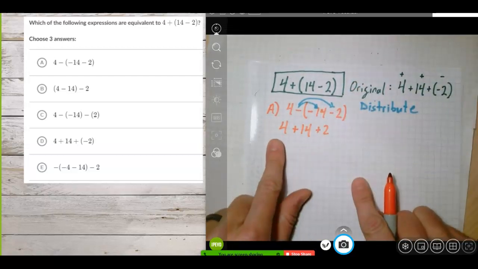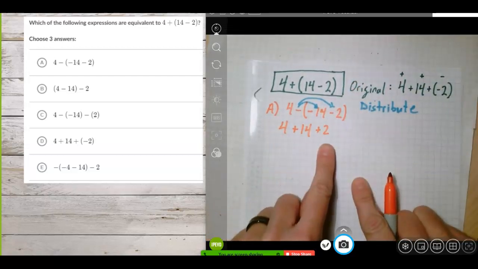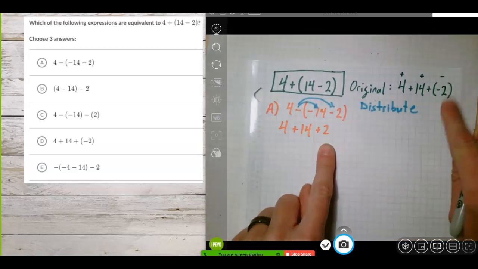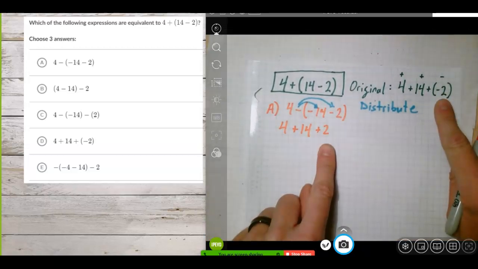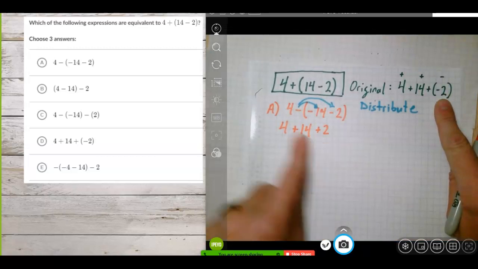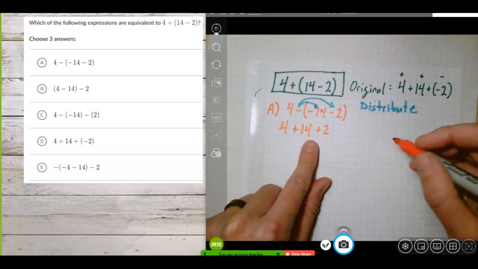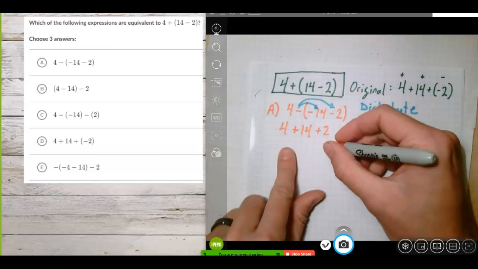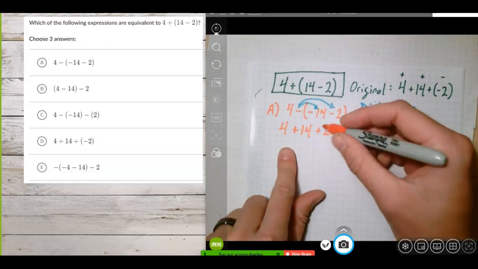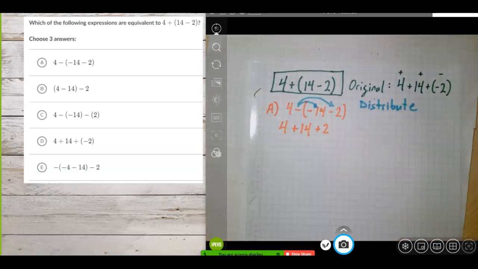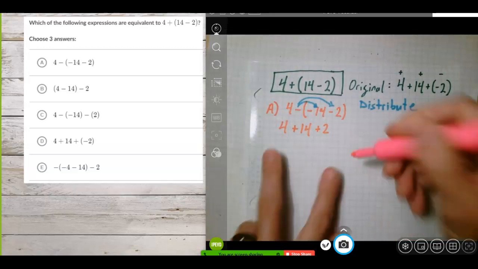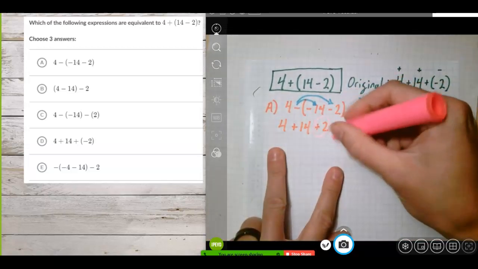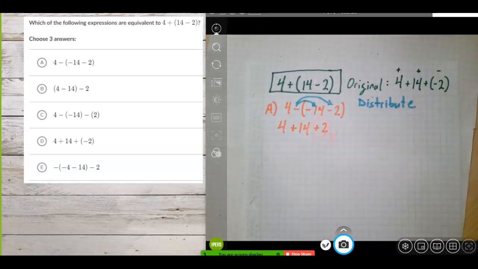Do we want positive 4, positive 14, positive 2? No. We want a negative 2. So A is not one of our options, because the positive 2 is what breaks it. I'm going to circle that with a pink highlighter to indicate that this does not work. That makes A not our option.